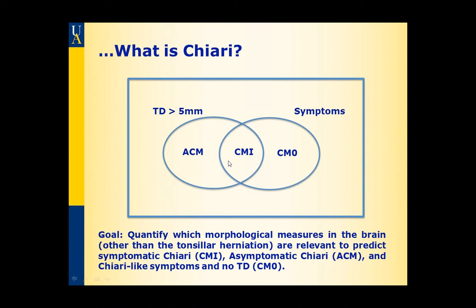Then the set of people with tonsillar descent greater than 5 millimeters, but without any symptoms, is the asymptomatic Chiari patients. Then we also have the set of people with symptoms but without the tonsillar descent greater than 5.